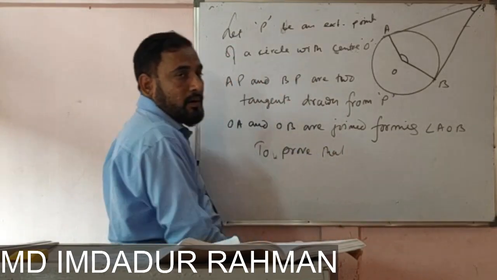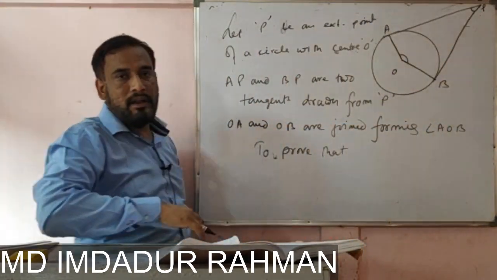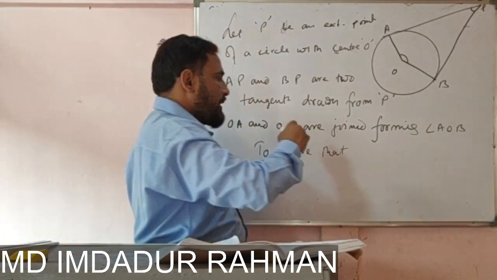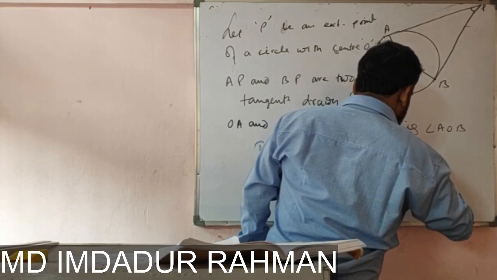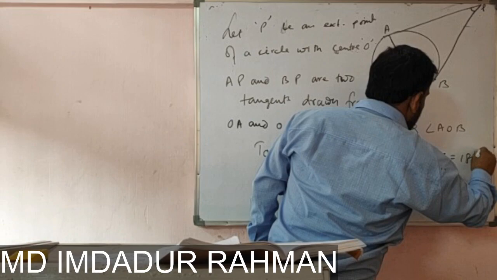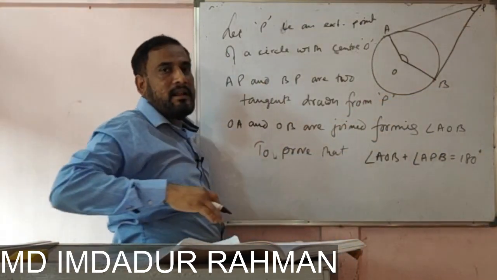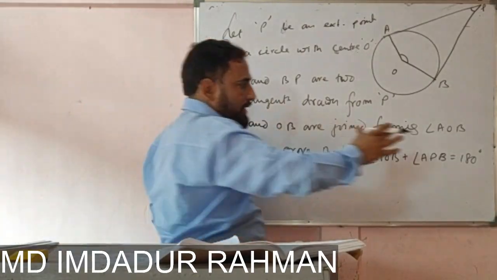What is to prove? The sum of this angle and that angle, AOB and APB, is equal to 180 degrees. That is, this angle and that angle are supplementary angles. We have to prove 180 degrees.